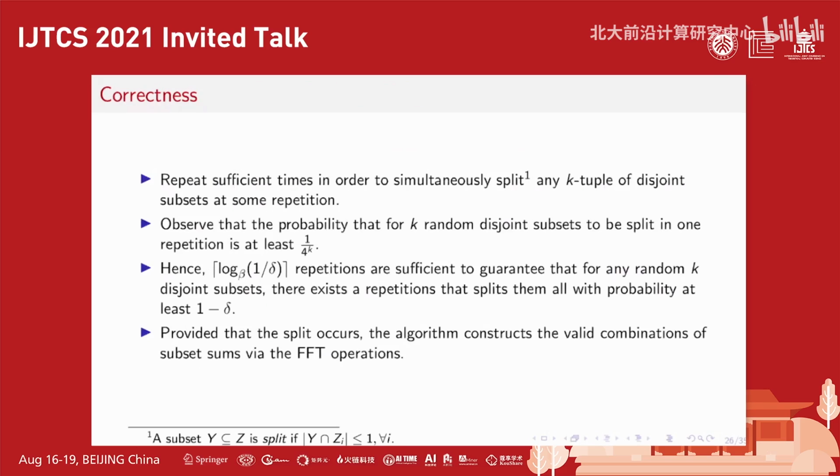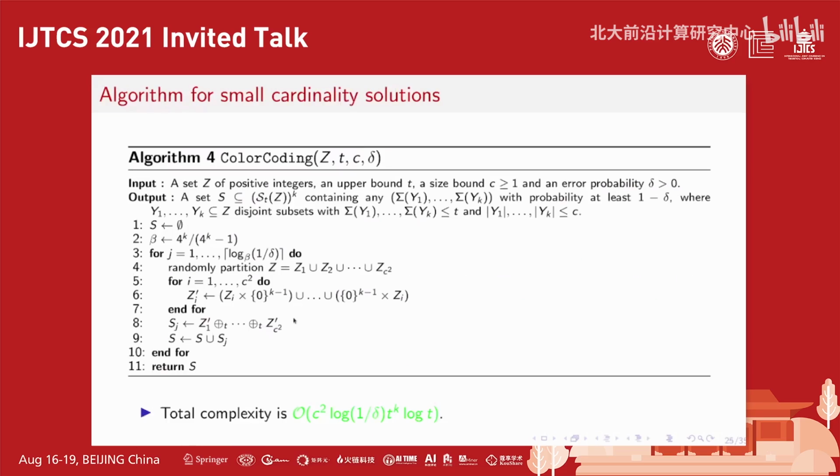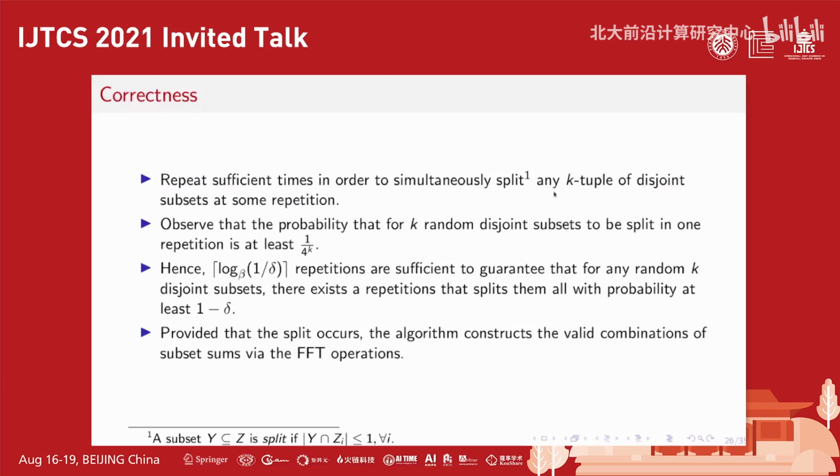Now, more specifically, we want to split, where split is defined as this one. It essentially means that every occurring subset of the partition contains at most one element of our intended subset. We want to split any k-tuple of disjoint subsets at some repetition. This means that we choose any random k disjoint subsets, and we want to have a repetition that splits them all simultaneously.